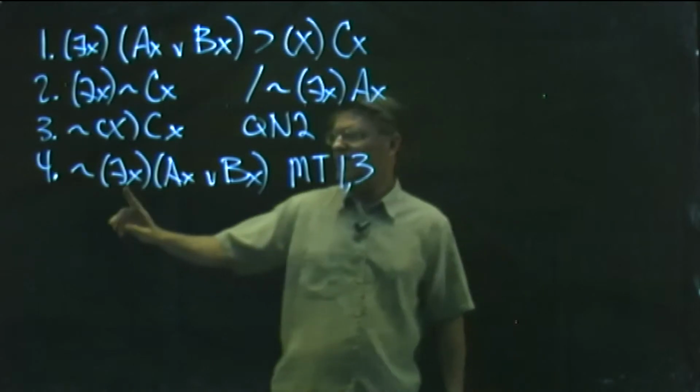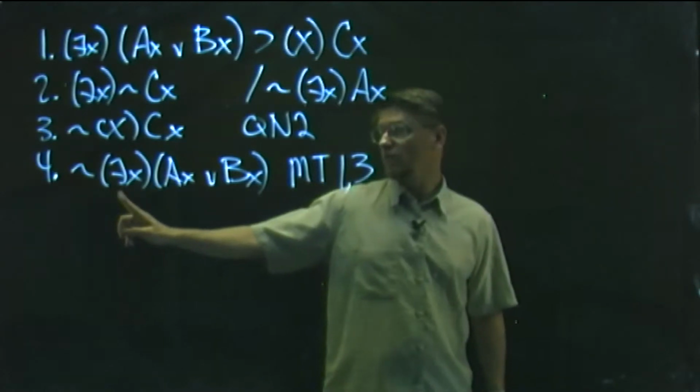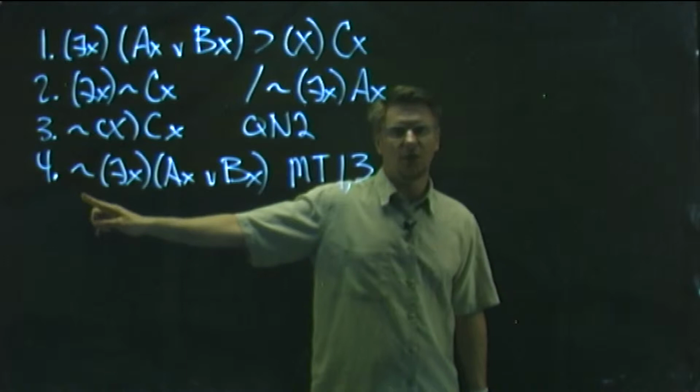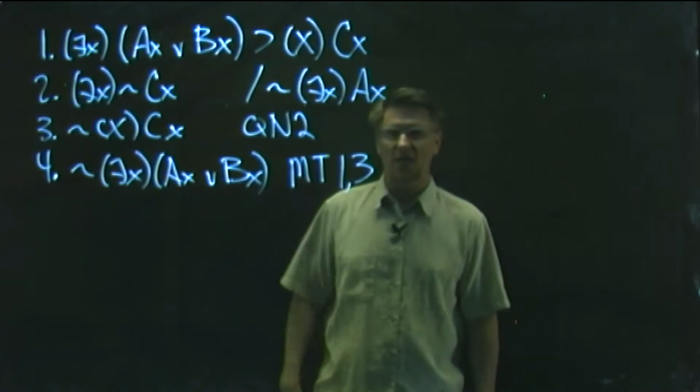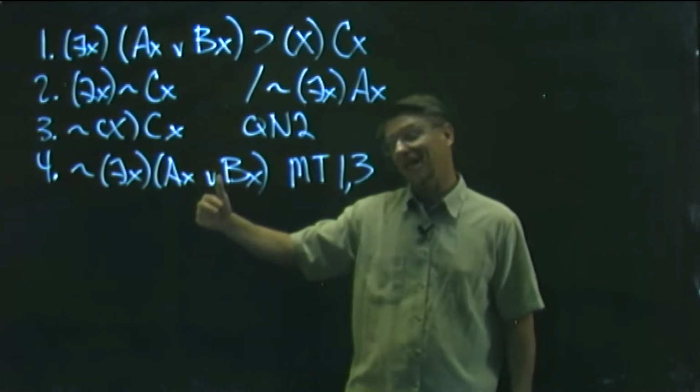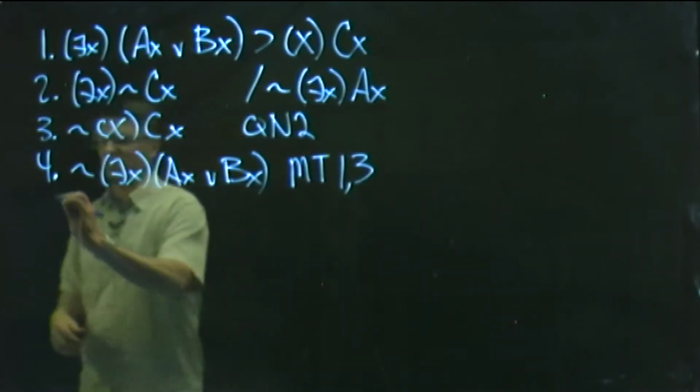But note, we cannot remove the quantifier here from line 4 because the tilde is in the way. So we'll have to move it out of the way, which will enable us to maybe break that down a little further. But we've done this before.